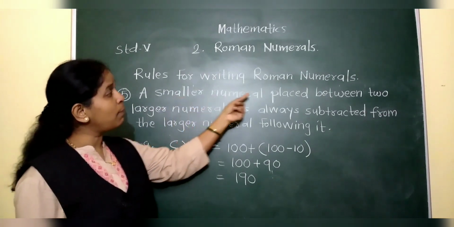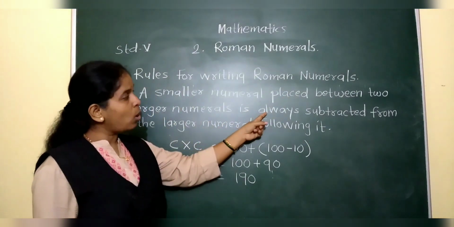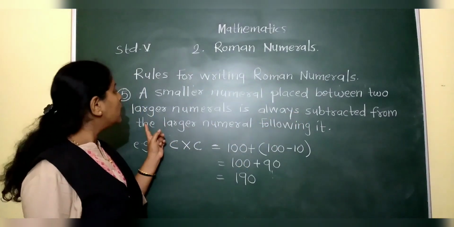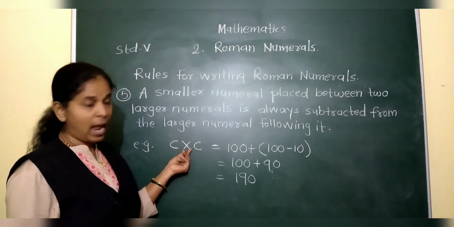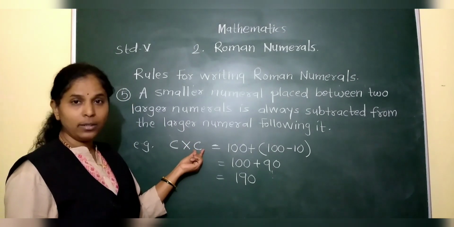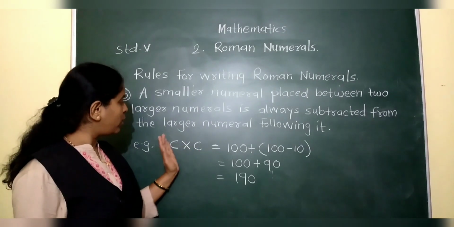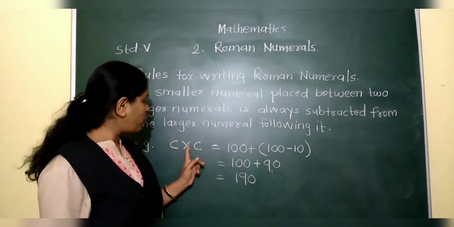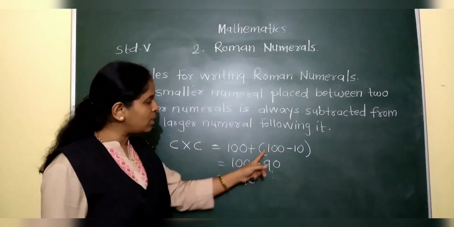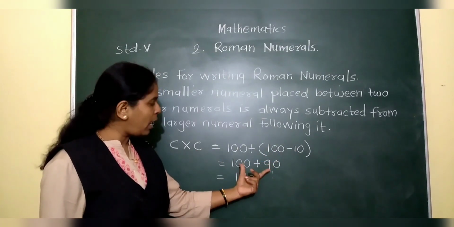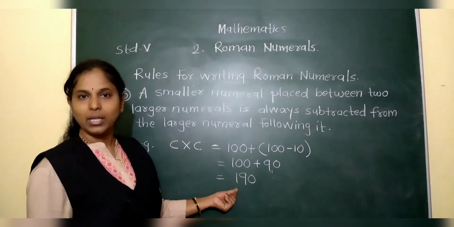This is the smaller numeral, and which larger numeral follows it? This C, correct? So what do we have to do? This is 100. After this plus, we have to subtract this 10 from 100. So 100 plus 100 minus 10 is 90, and 100 plus 90 is 190. So CXC means 190.